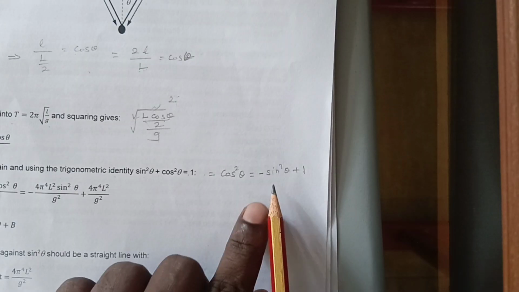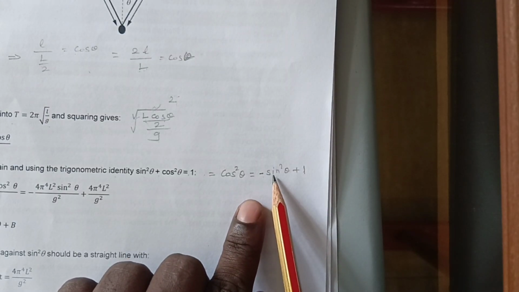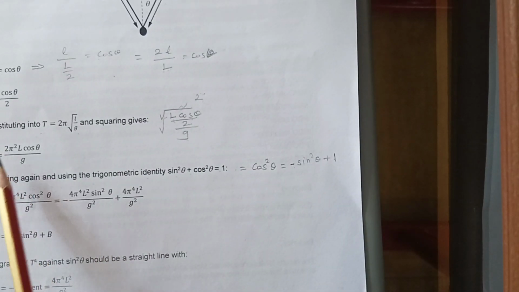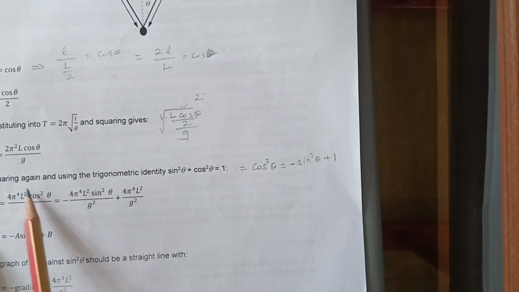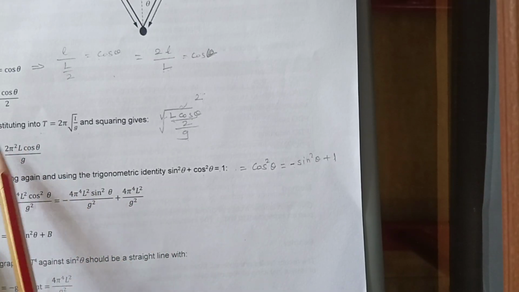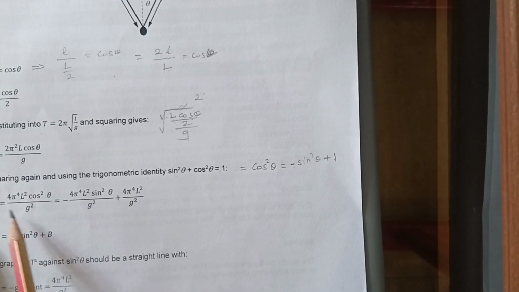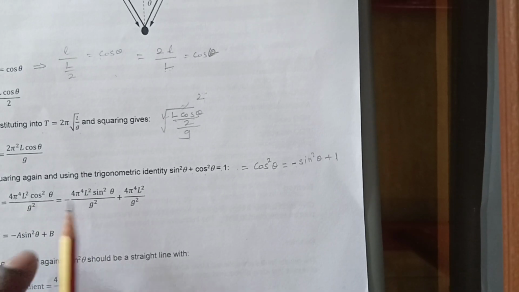Here cos theta is there, so we square again. 2 square means 4, pi square again squared gives pi power 4, L square cos square theta over G square, we will get.